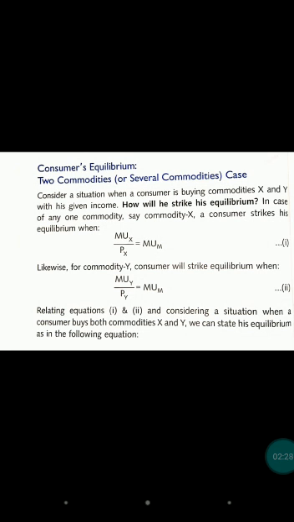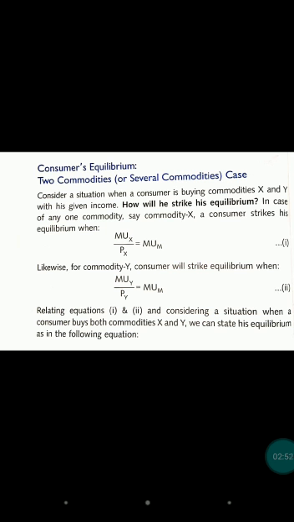How will he strike his equilibrium? In the case of one commodity, say X, a consumer strikes his equilibrium when MUX upon PX is equal to MUM. Likewise, for commodity Y, equilibrium is MUY upon PY equals MUM.